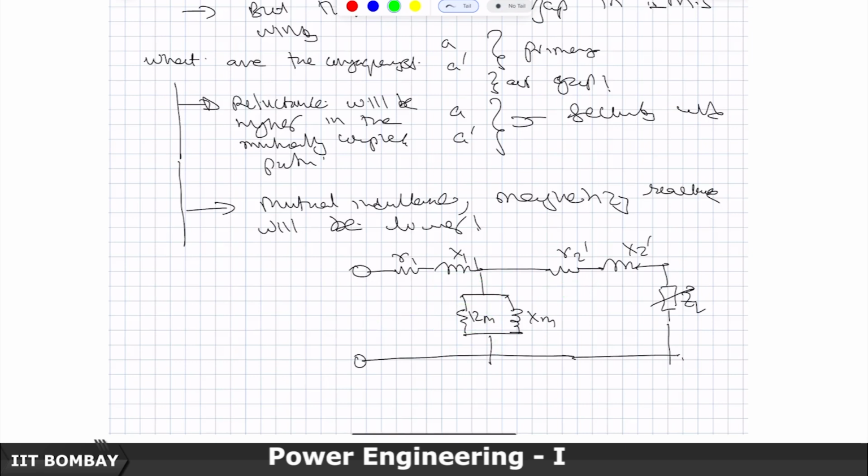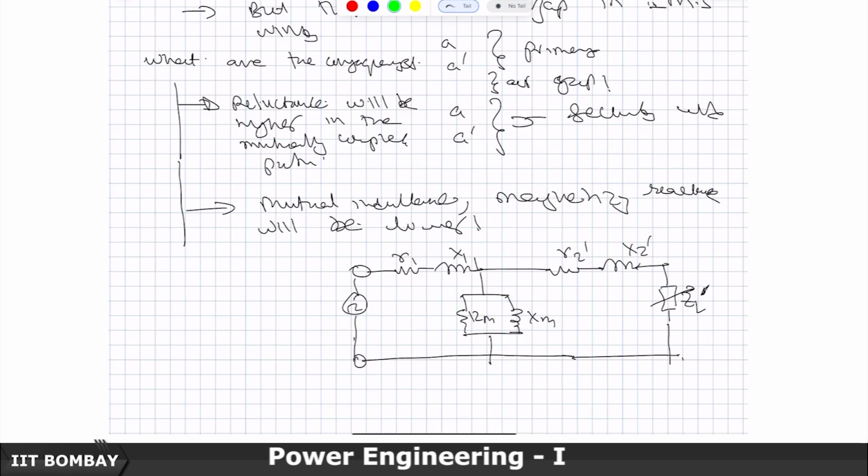R2 dash is the resistance of the secondary winding referred to primary, X2 dash is the leakage reactance of the secondary winding referred to primary, and this ZL dash is any variable impedance which is connected, also referred to primary. This is my supply. Now, here this Xm used to be a very large number.